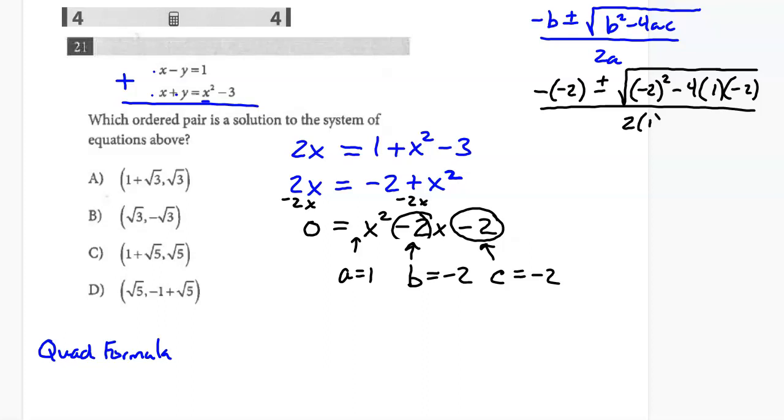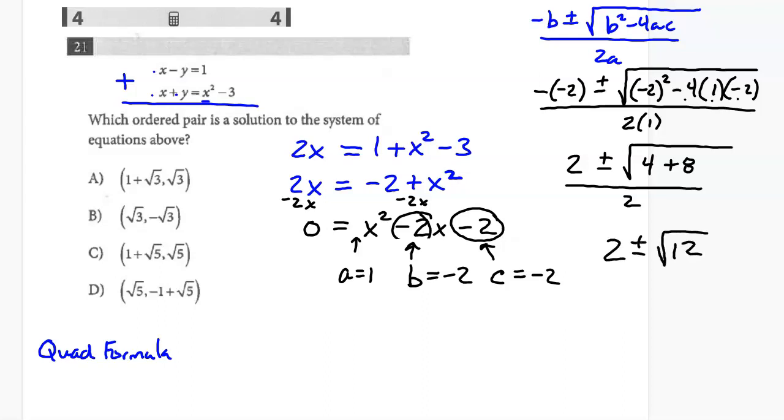I'll put that just to show it. Now we have to clean that up, so we have a positive 2 plus or minus the square root of, well, here we have 4, minus 4 times 1 times negative 2, that's a positive 8, all over 2. And going a step further, 2 plus or minus radical 12, all over 2.